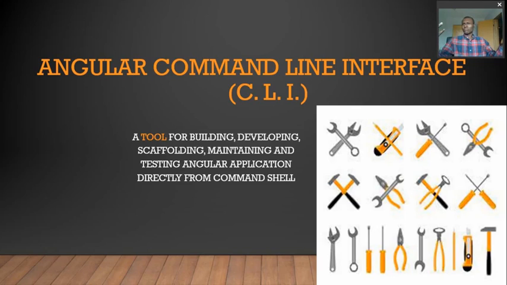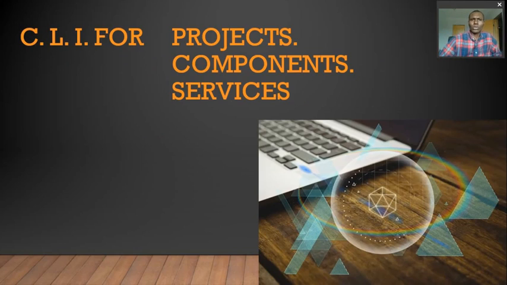Why then wanting to peel my fingers or break my hands to use my fingers to drive a nail into a wood? But there's a tool that you can do that with, rather. So make use of the tool. So with Angular CLI, you can actually work with projects, components, services, and so on.